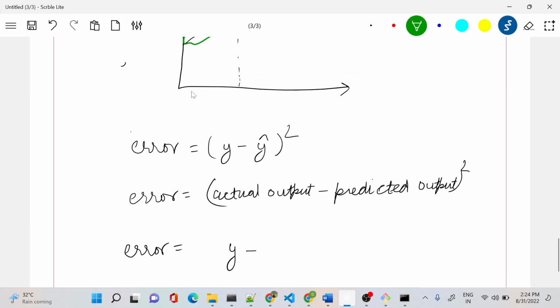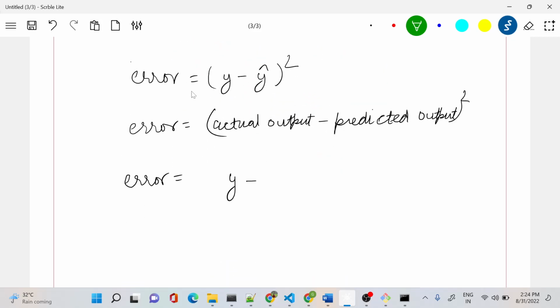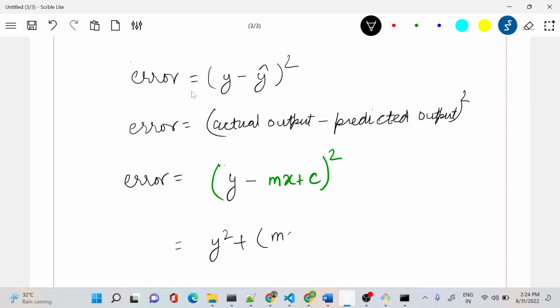If we put mx plus c into the whole square here, the error will be calculated as y square minus 2y(mx plus c) plus (mx plus c) whole square.